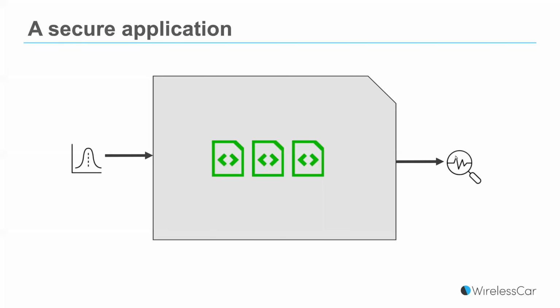Let's take this example. You have an application. It's the simplest application you can imagine. It does one thing. To test that application, you have some input data. You put that input data into your application and you verify the output. You match that against some acceptance criteria, and you will have a correct or false, red or green.